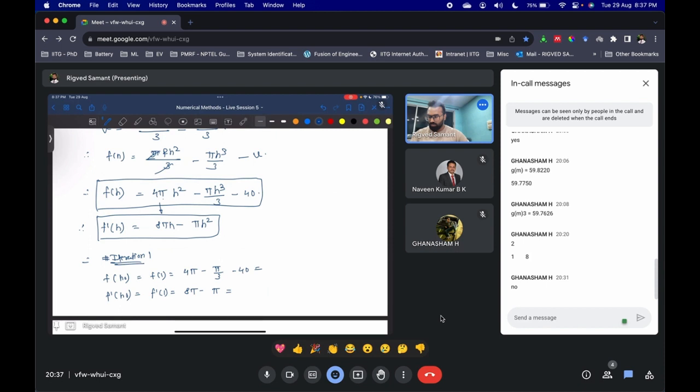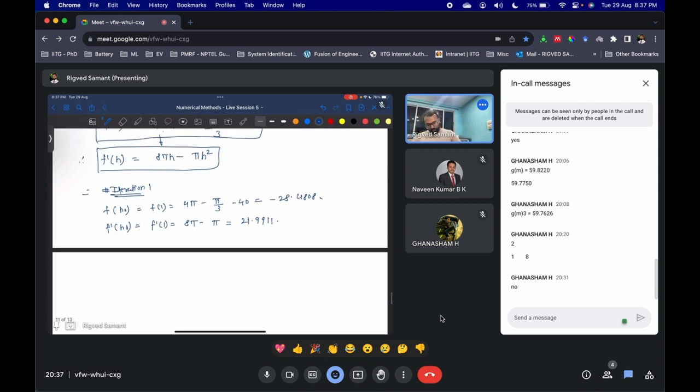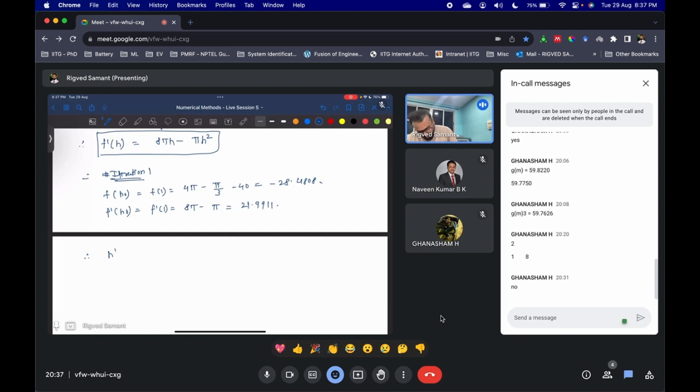This is minus 28.4808. Here you will get 21.9911. Therefore h1 would be h0 minus f of h0 divided by f dash of h0. h0 is 1 minus f of h0, which is minus 28.4808, divided by 21.9911.